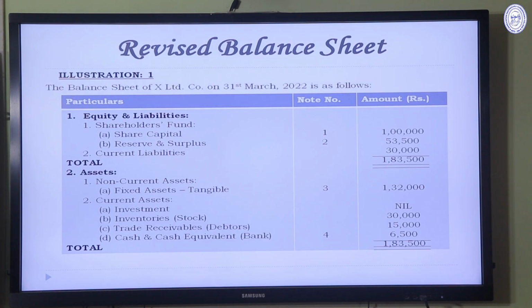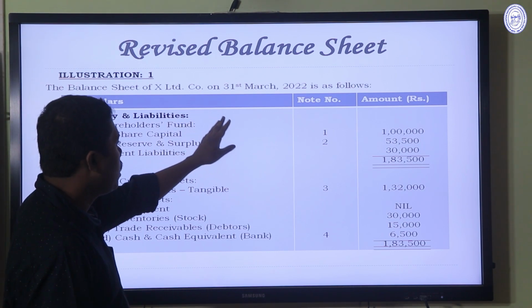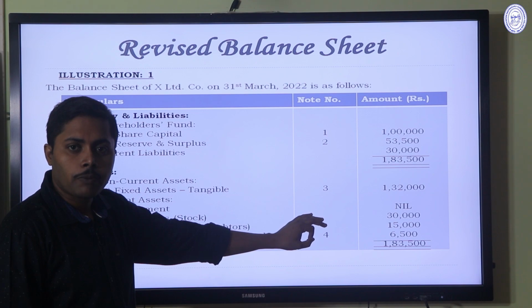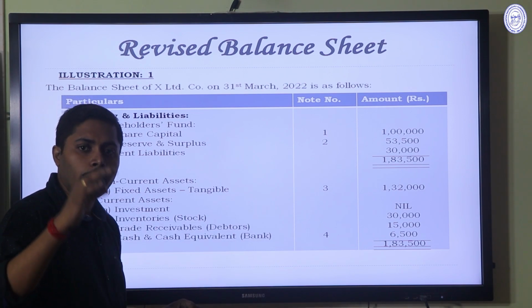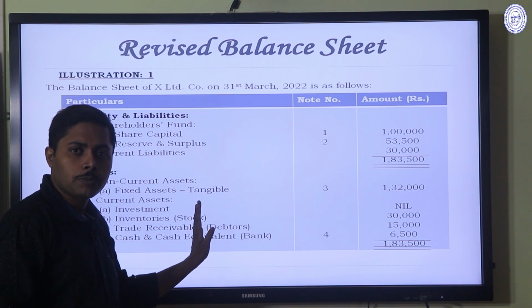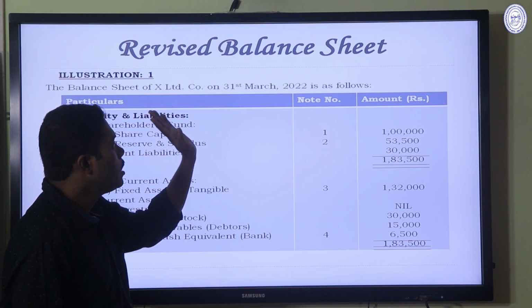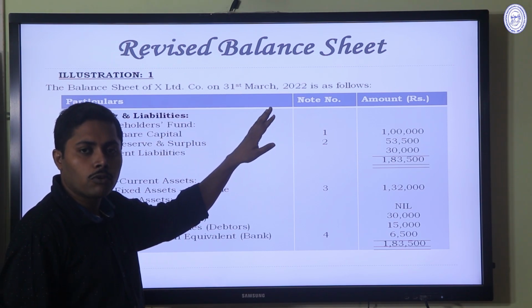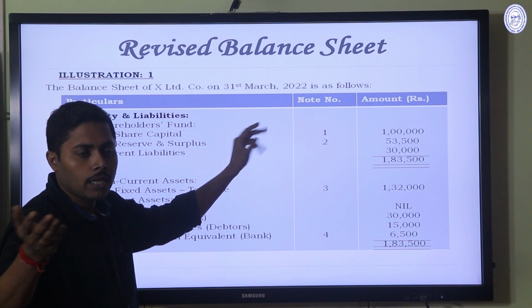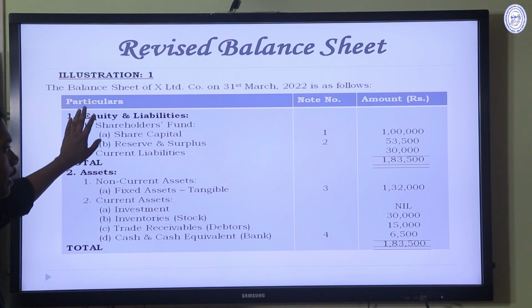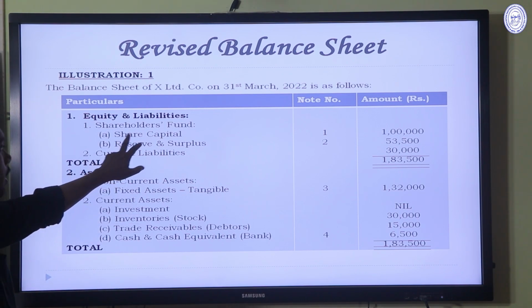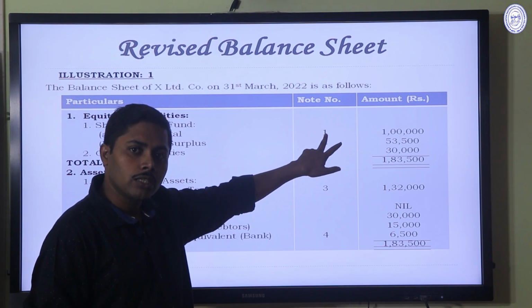Now we are making the fresh balance sheet after redemption of preference share, that is, after 24th of April this balance sheet is being prepared. There is a mistake of date, it will be after 24th of April, that is, after making the redemption this balance sheet is being prepared. Now in the balance sheet the share capital is 1 lakh, it is mentioned in note number 1.